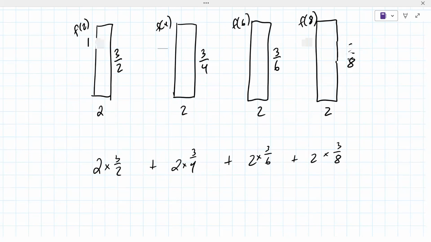Get a total for all that. I multiplied it by 4. I was thinking, hold on.